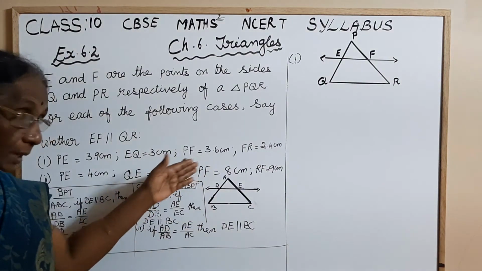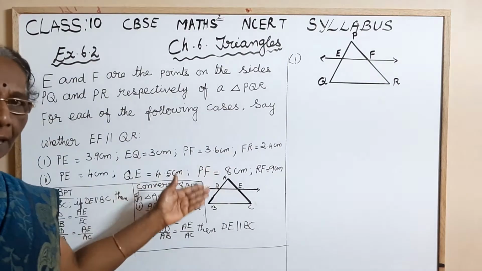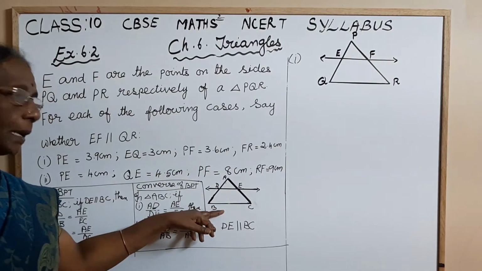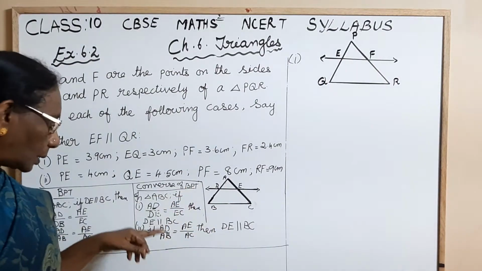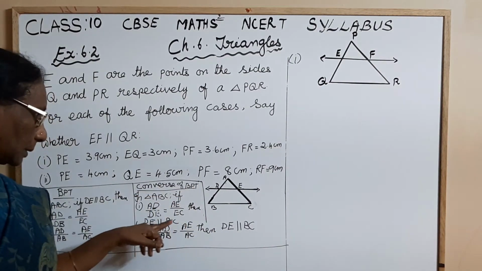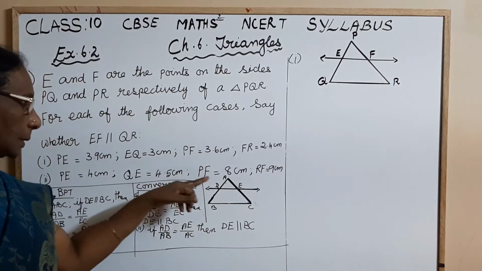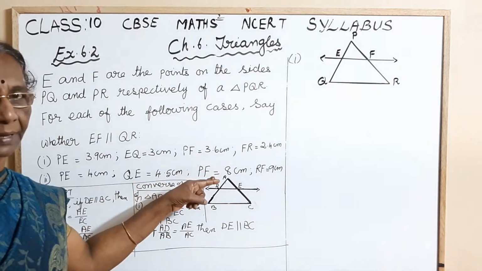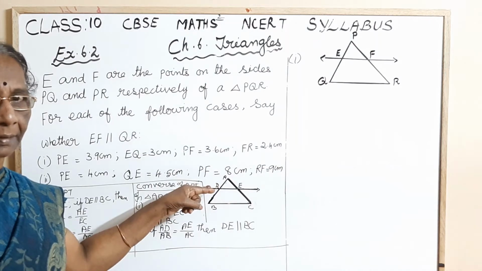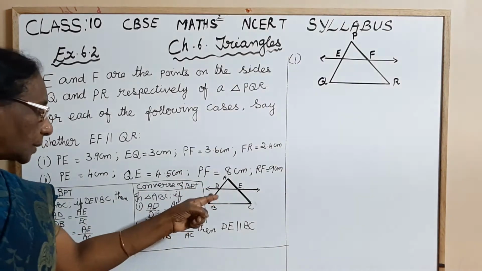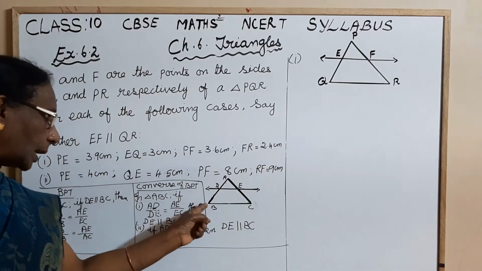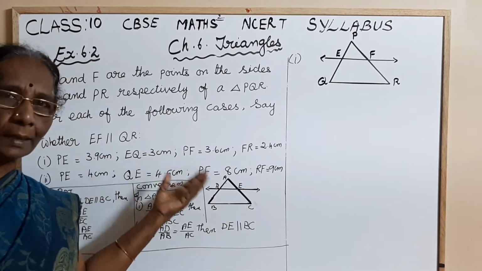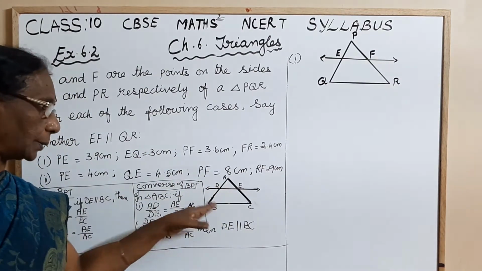If the ratios are equal, that is, if the sides are divided in the same ratio, then DE is parallel to BC. So parallel comes second and the sides are divided in the same ratio comes first. Isn't it? Or in the same thing, if AD by AB is equal to AE by AC, then also DE parallel to BC.